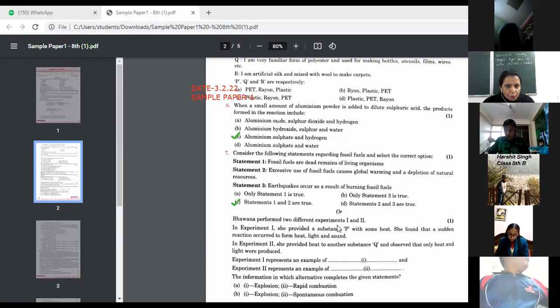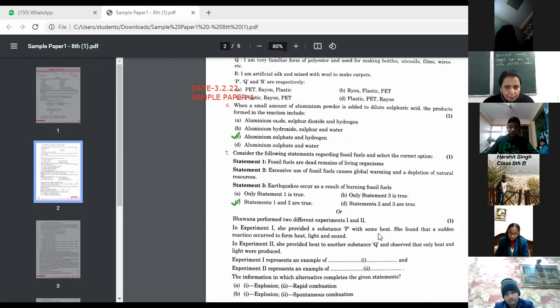Next, the choice question along with the 7th question. Bhavna performed 2 different experiments, 1 and 2. In experiment 1, she provided a substance P with some heat. She found that a sudden reaction occurred to form heat, light, and sound. In experiment number 2, she provided heat to another substance Q and observed that only heat and light were produced. I think it is clear to you.